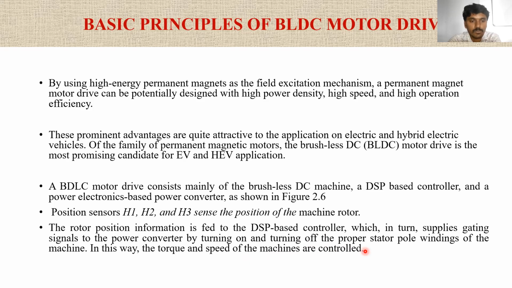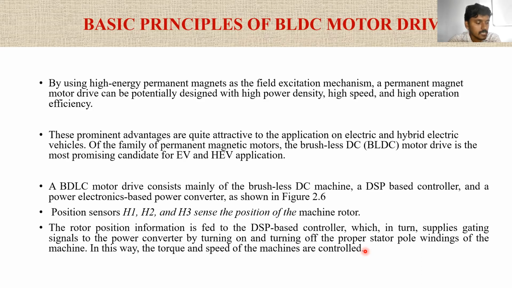These sensors are mounted on the rotor and continuously monitor the position of the rotor circuit. Then they give the rotor position information to the DSP controller.